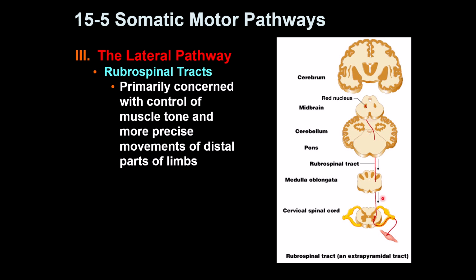So if you want to know where it goes, it's in the lateral column, okay? So now from the lower motor neuron, it leaves through the anterior root and goes to the muscle. So this is for the precise movement of the distal limbs, especially upper limbs, and also for the muscle tone. Okay, so this supplements the function of the lateral corticospinal tract.